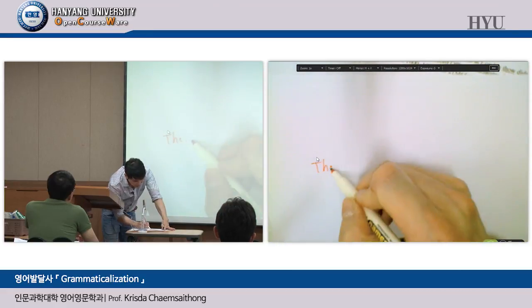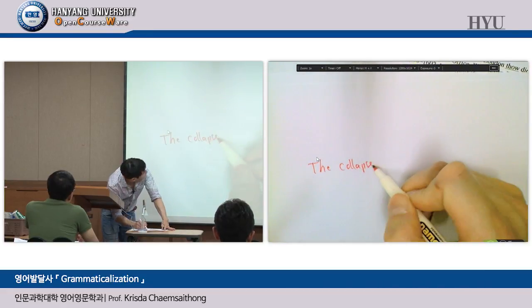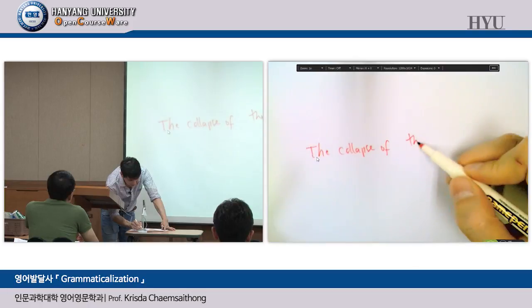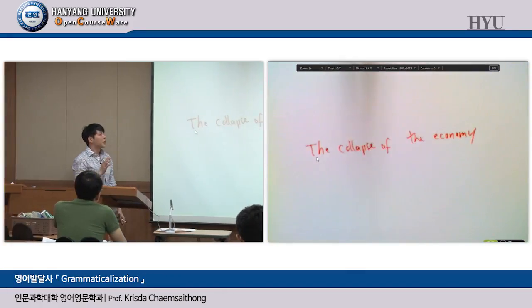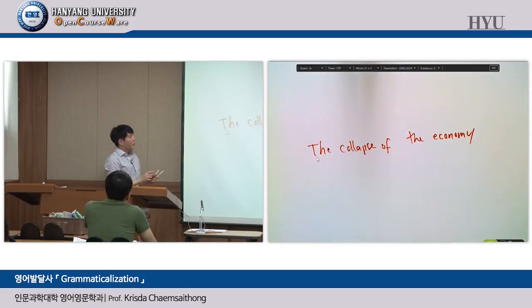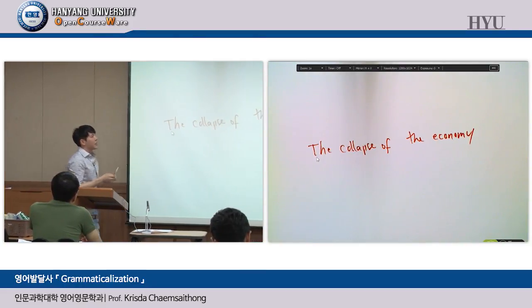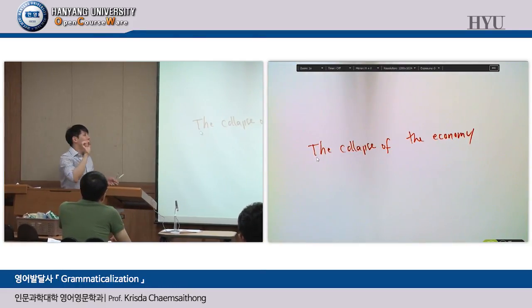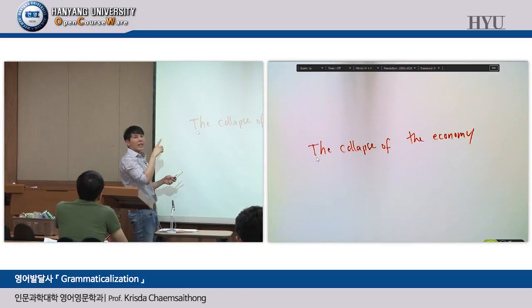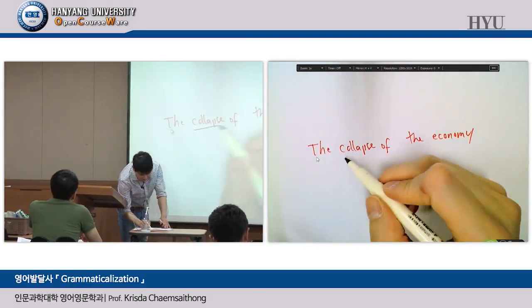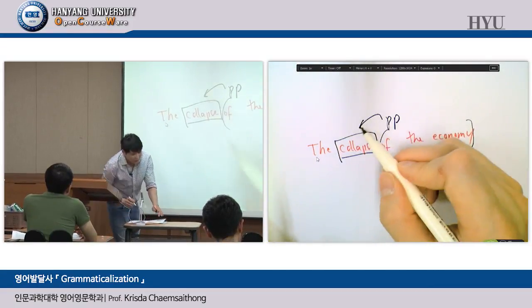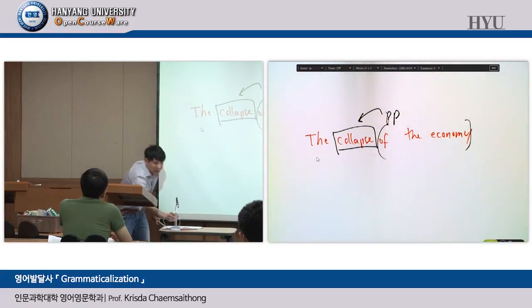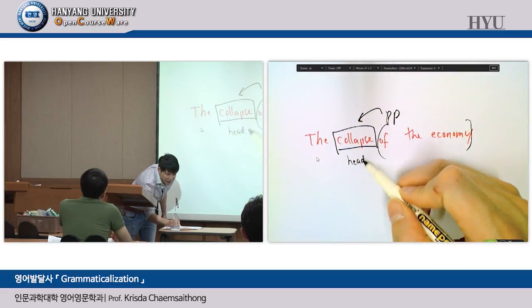So if I say "the collapse of the economy," what is the head noun here? The most important noun. When you come across this kind of phrase, what do you have to mark as the head noun? Collapse, right? So this is the head noun. This is a prepositional phrase that complements the head noun.